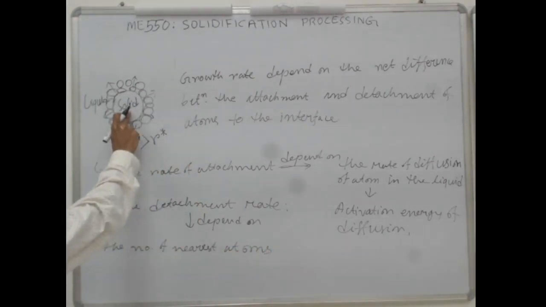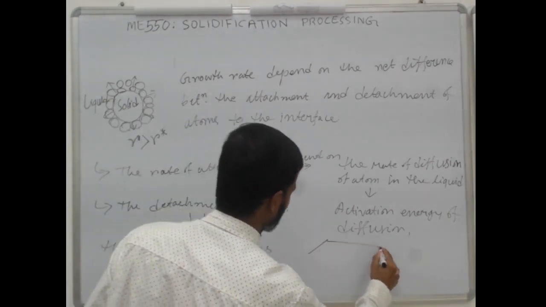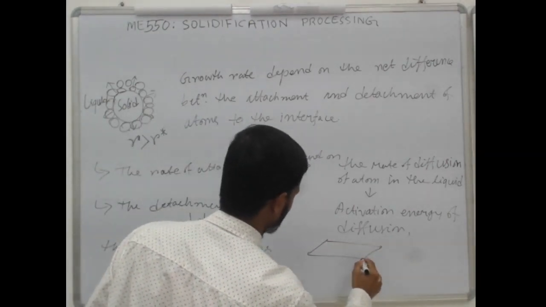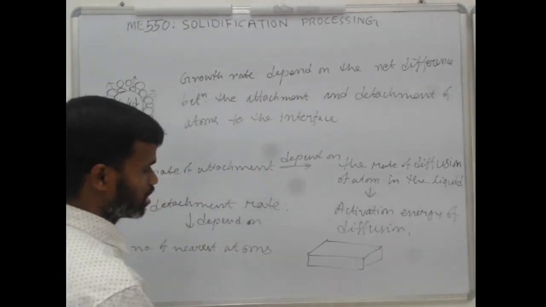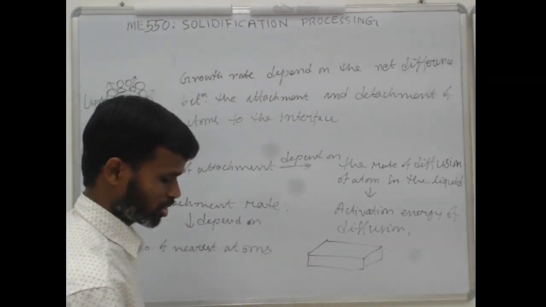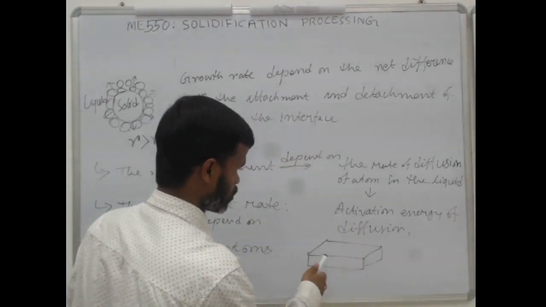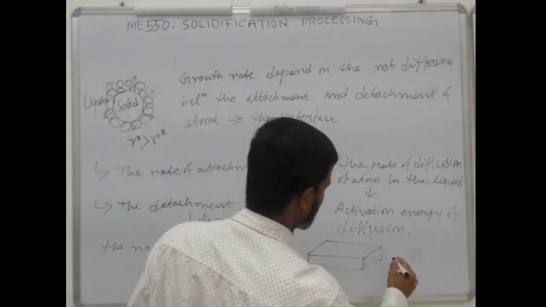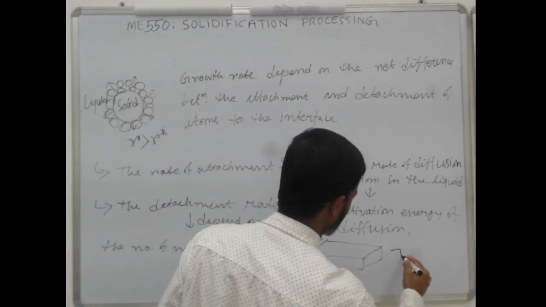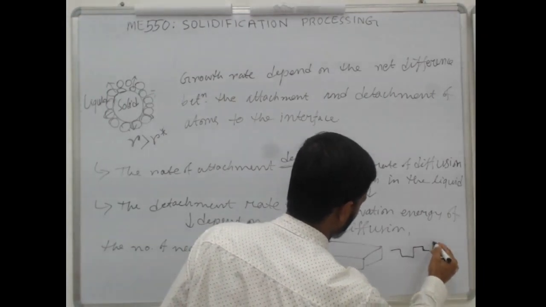So when the solid is formed, say you have a solid surface being formed. Now the surface is part of a crystal structure, say be it BCC or FCC or whatever. So although macroscopically it may look flat, but microscopically, atomically, if you see, maybe the surface is something like this. Who knows?